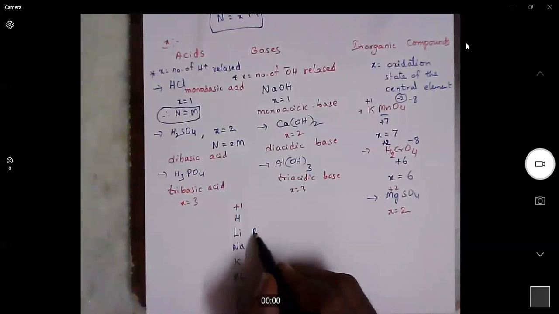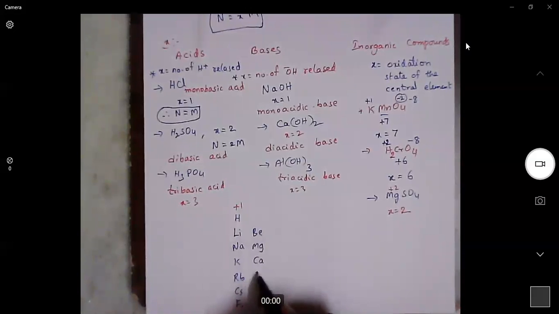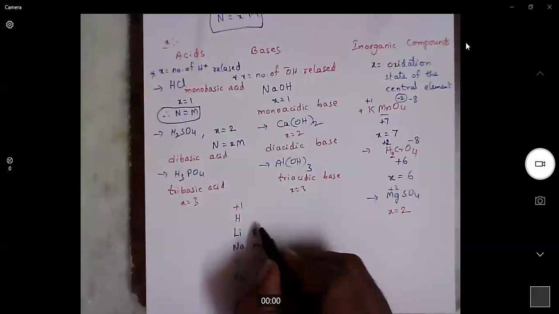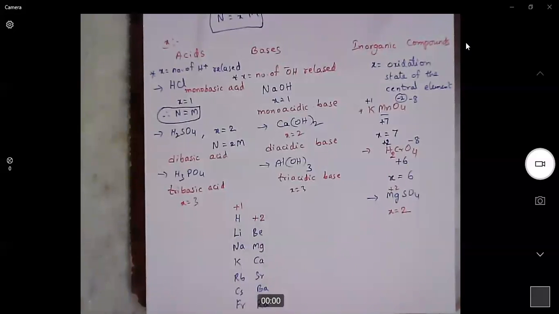Second group: beryllium, magnesium, calcium, strontium, barium, radium. It is the second group which immediately releases 2 electrons when there is an acceptor and gets stabilized. So second group elements' charge is always +2.